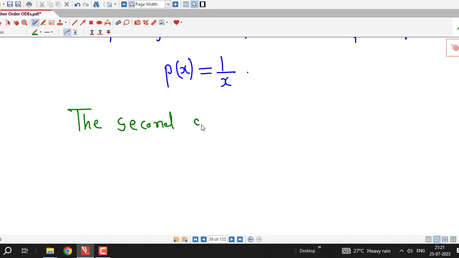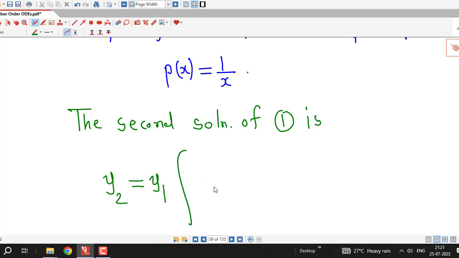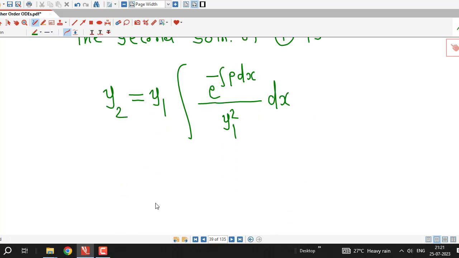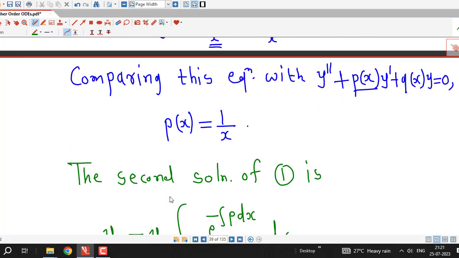The second solution of the given equation 1 is y2 equal to y1 times, remember this formula, integral of e raised to minus integral of function p with respect to x, divided by square of first solution, integral with respect to x. First solution is y1 equal to x.